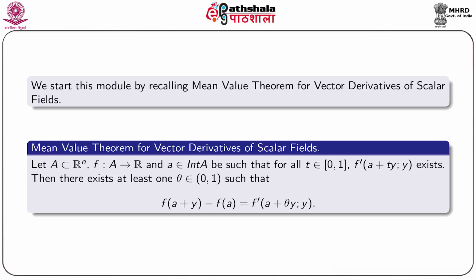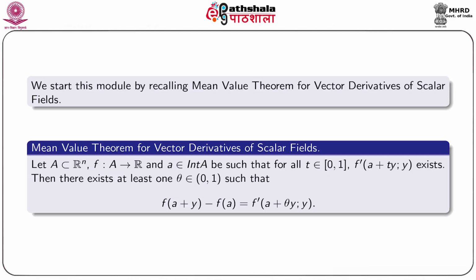Let us start this module by recalling the mean value theorem for vector derivatives of scalar fields. The statement is as follows: let A be a subset of Rn, f is a scalar field defined on the set A, and a be an interior point of the set A. We further assume that we have such a vector y in Rn such that for all t from the bounded closed interval 0 to 1, the vector derivative f dash a plus ty y exists.